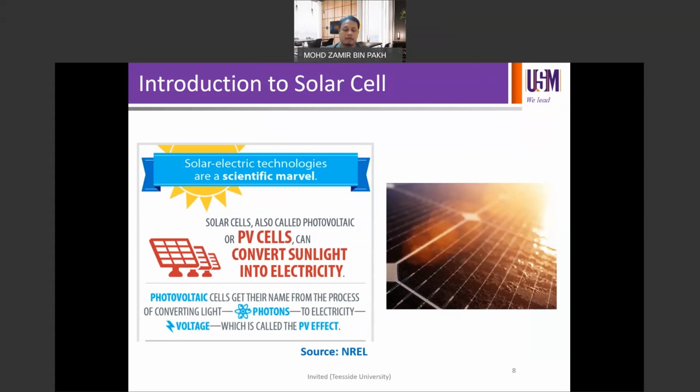And the voltage is due to the voltage generated across the solar cell during the illumination process. So we illuminate the solar cell with sunlight, and then we expect to generate electricity out of it in the form of current and voltage. That's how the photovoltaic effect gets its name.